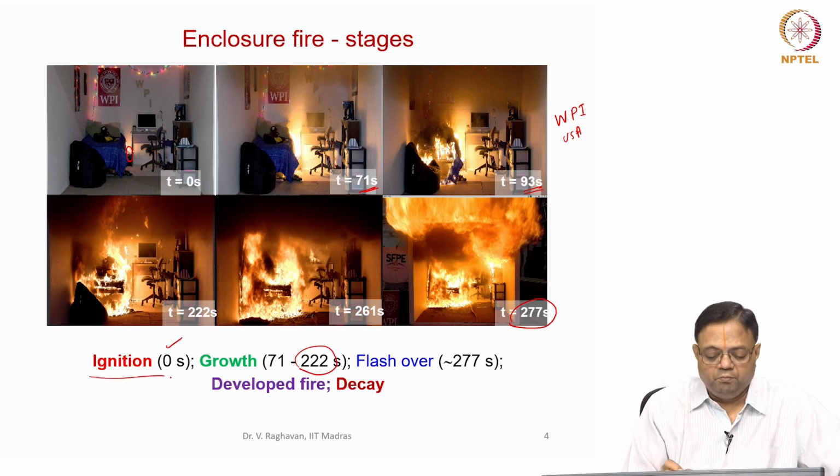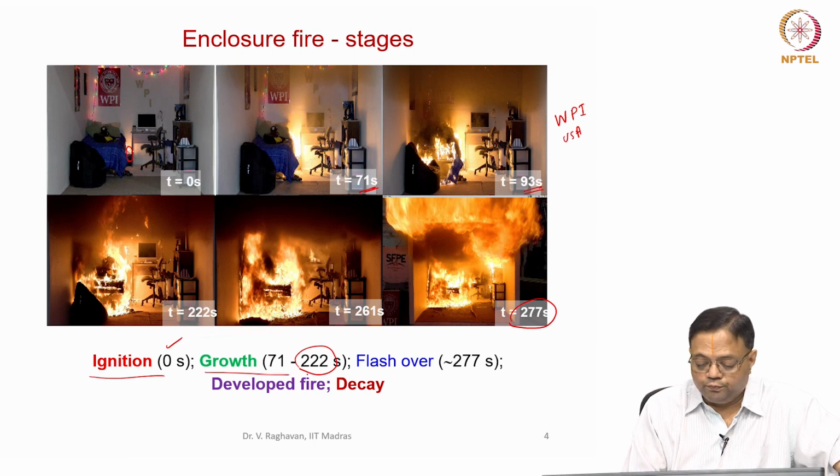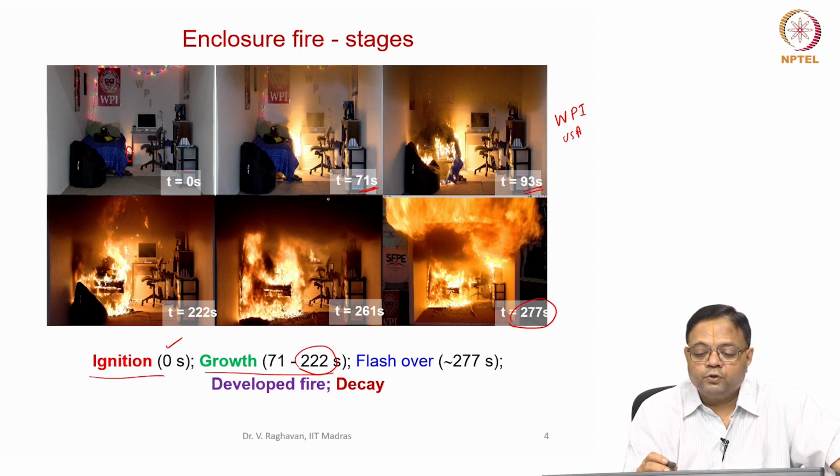Ignition is the important first stage which will cause the fire. If it is avoided, it is good. Then the growth. Now in the growth stage, typically the fire alarm should be triggered within about 60 seconds, where you can see a visible flame, etc. But here also you can see that the smoke has not gone.